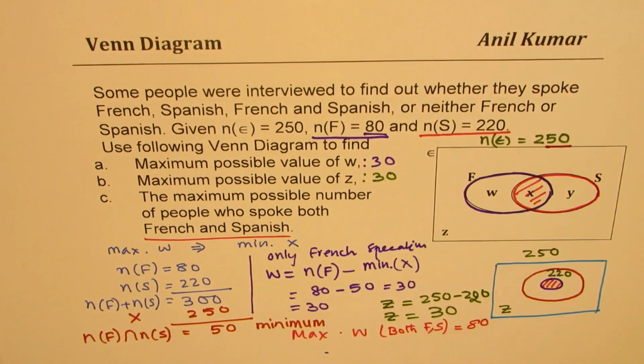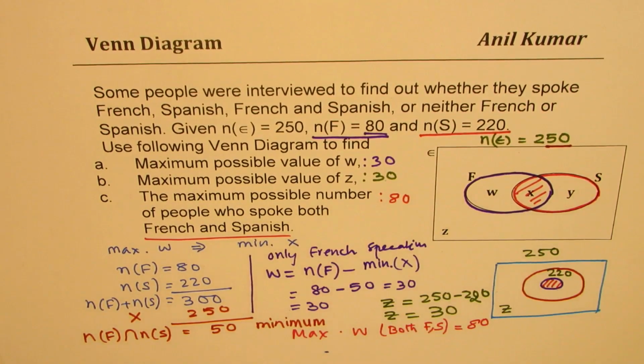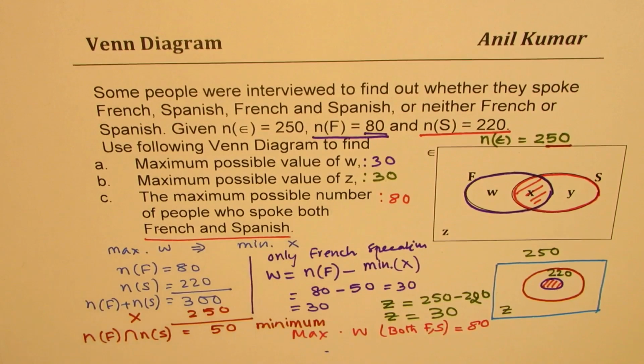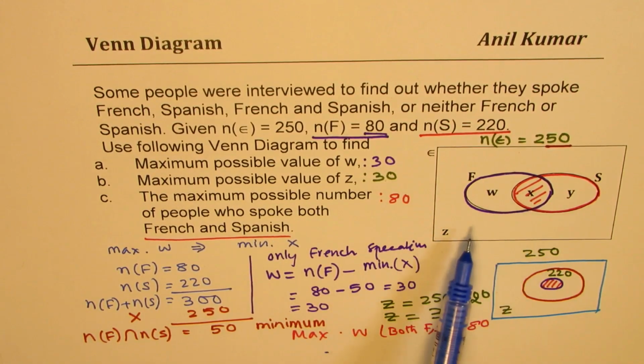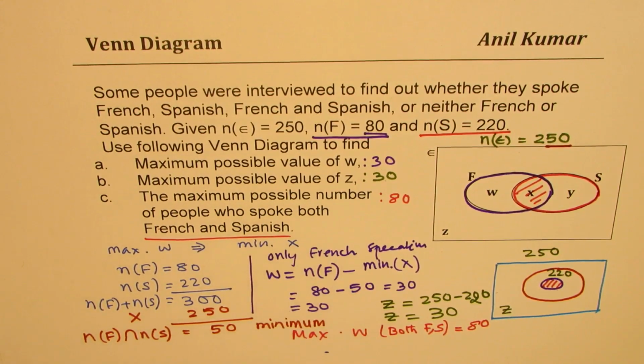So that should be 80. Perfect. So for part C, the answer is 80 persons. So if you look into the second scenario, that gives you the solution of the last two questions, and the first scenario gives you the solution for the very first one. I hope that helps.